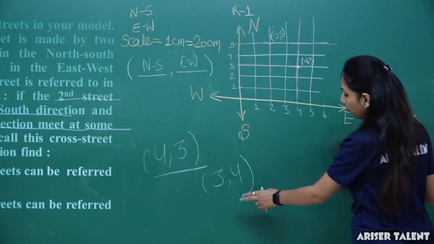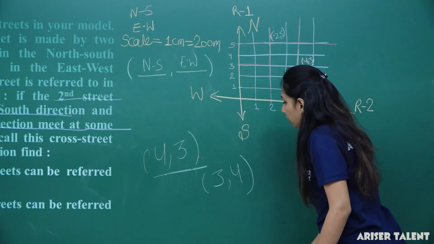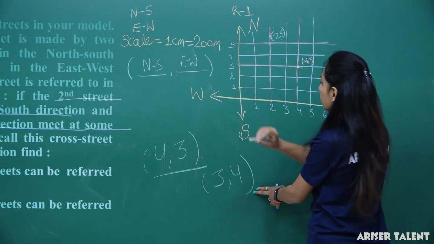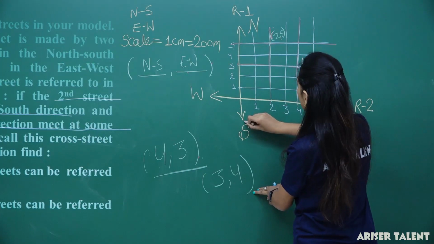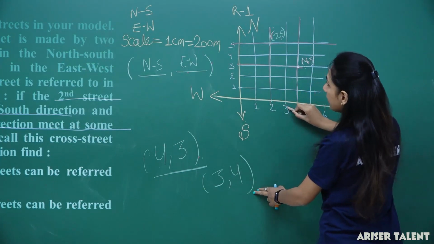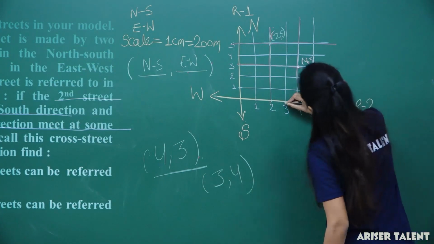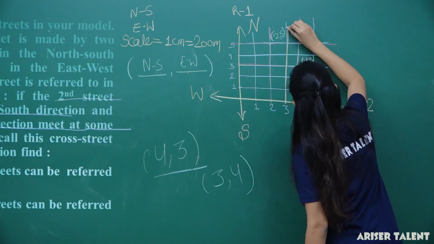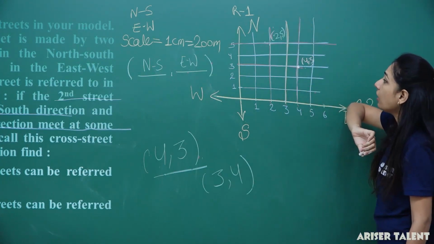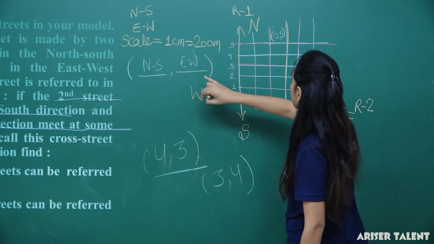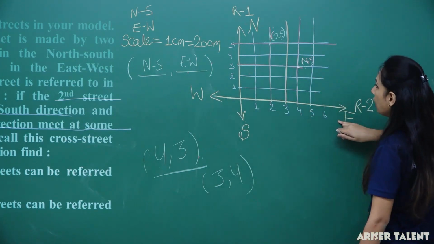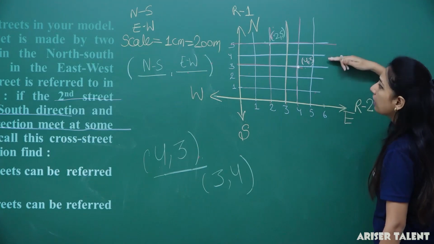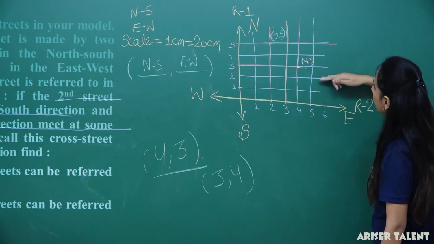Now look at 3, 4. 3 on the north-south direction. The north-south direction is this, so parallel to this, first, second and third. So the third will be this line. Then I'll talk about the east-west direction. Parallel to this direction are these. It is saying the fourth one: first, second, third, fourth.